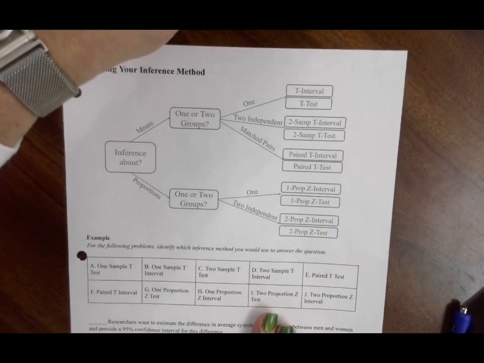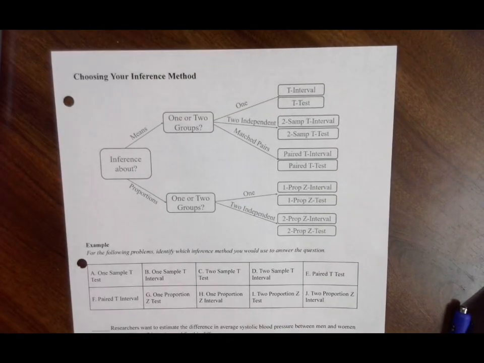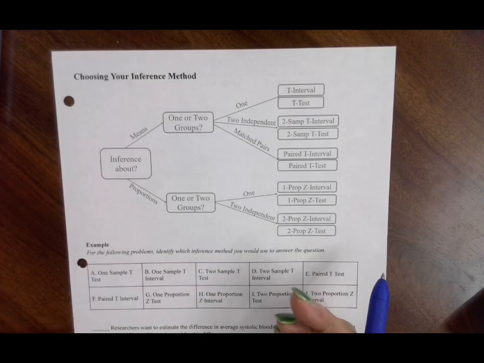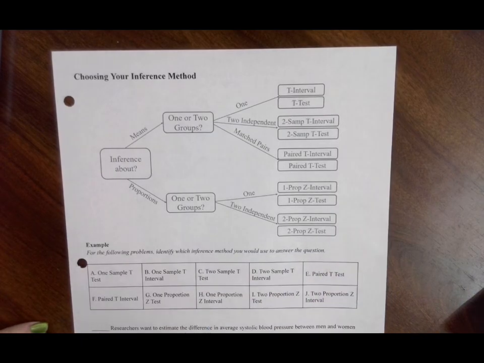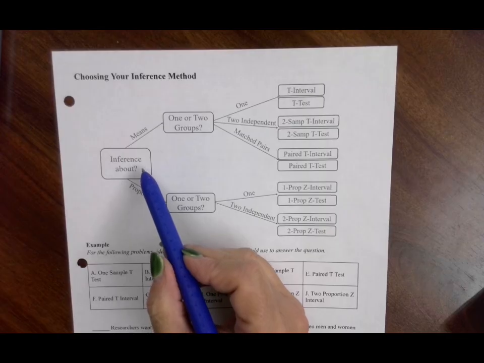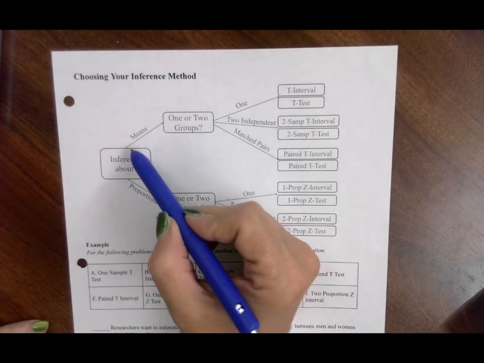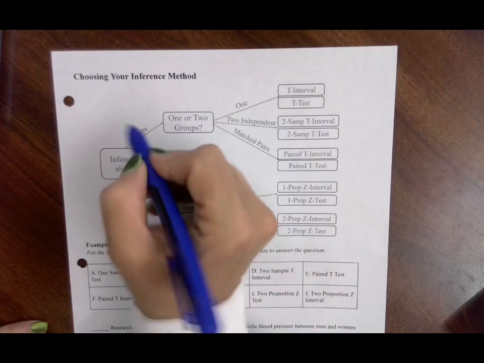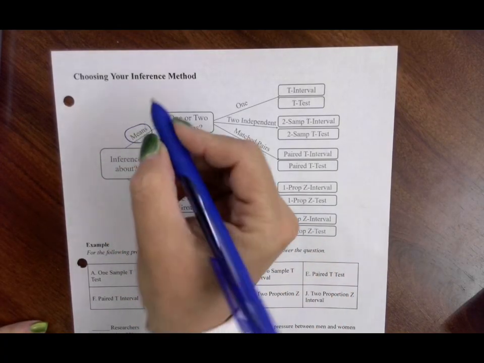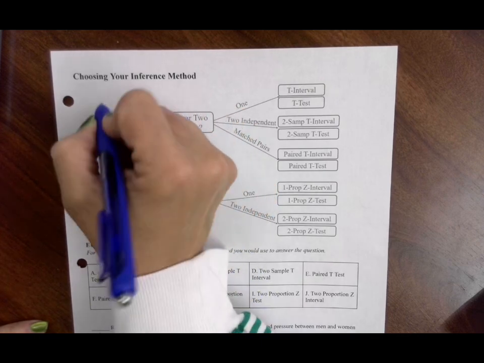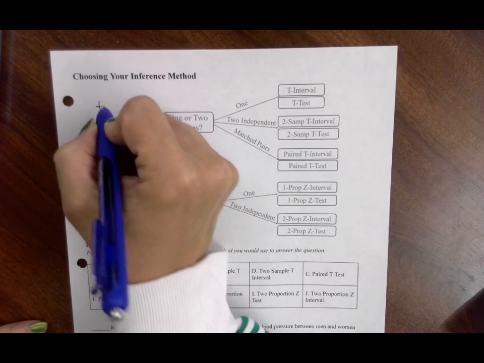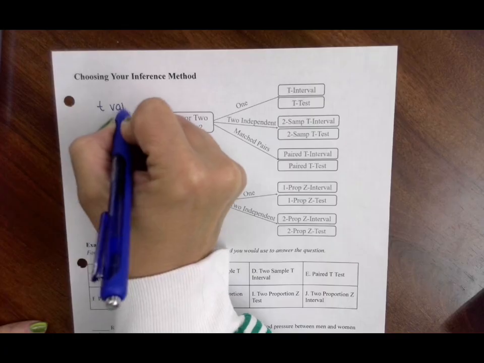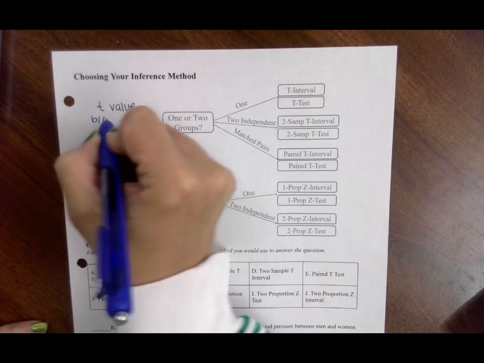All right, so where we're going next is super important. This is everything that we've done and how it all kind of comes together. When you're trying to figure out which one of all of these tests to work through, we want to ask ourselves these questions. What is this inference about? What type of test do we have? Do we have something that's means, or do we have something that's proportions? For means, we are normally going to use our t-value because it's more common.